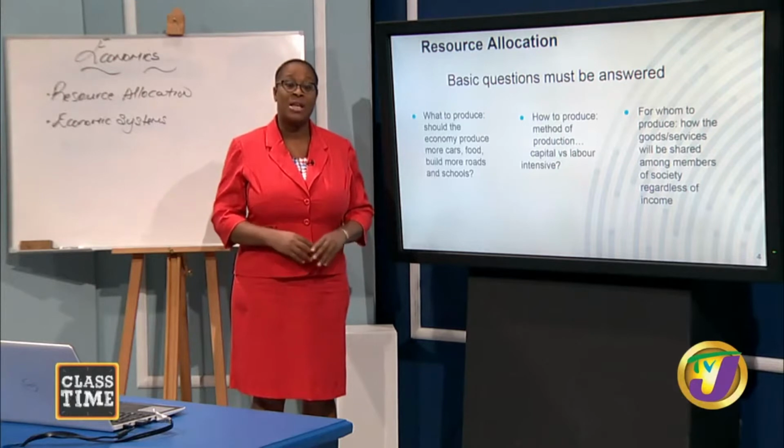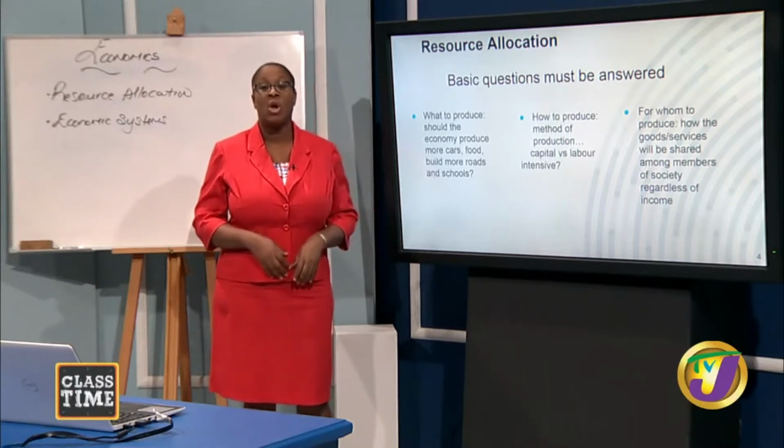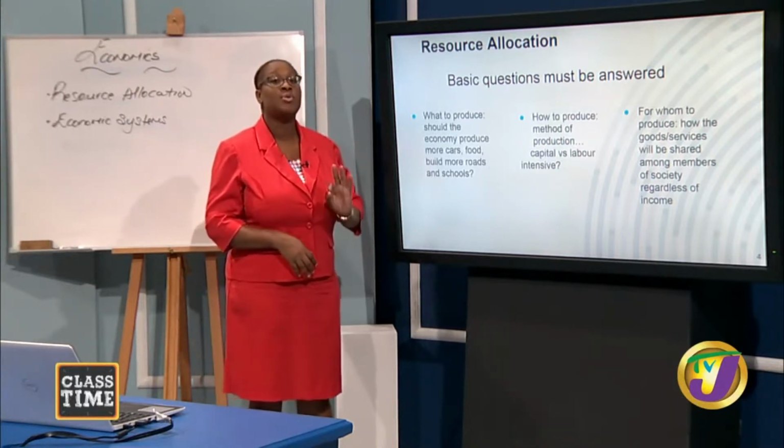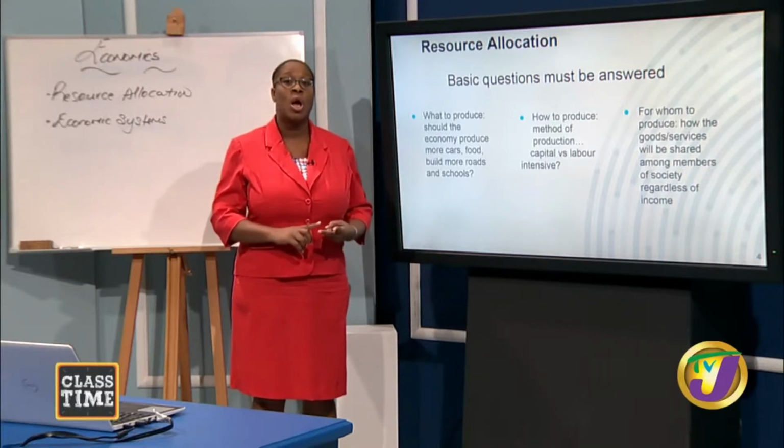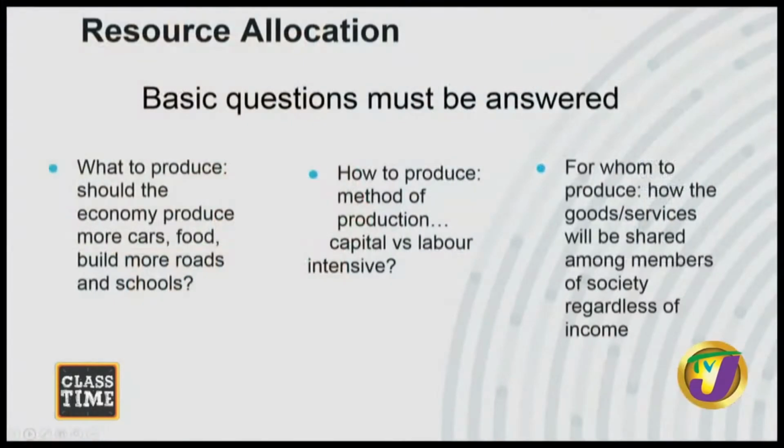So again, in allocating our resources, we must answer the three basic questions: what to produce, how to produce, and for whom.